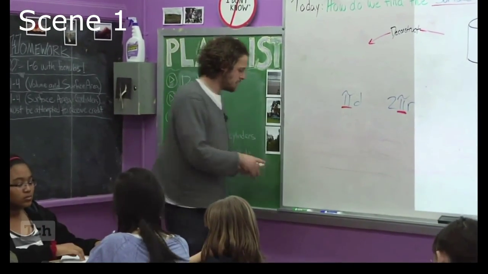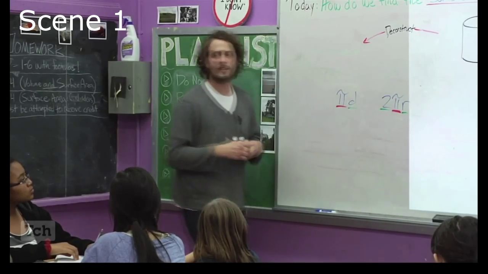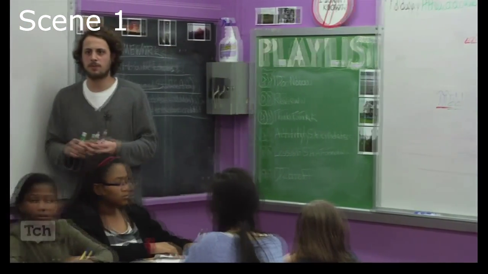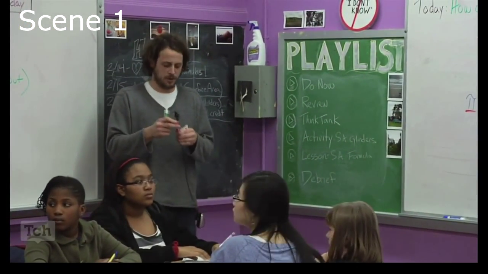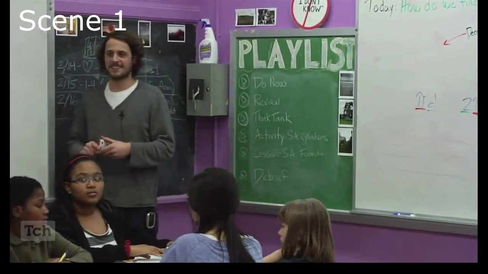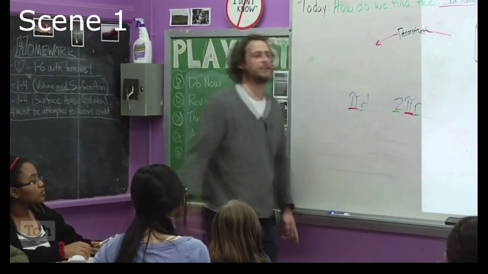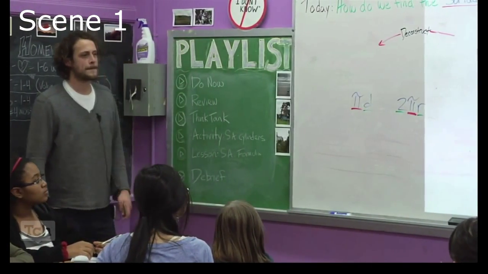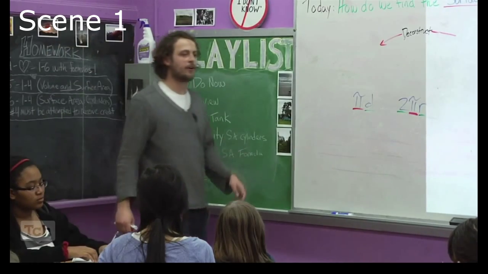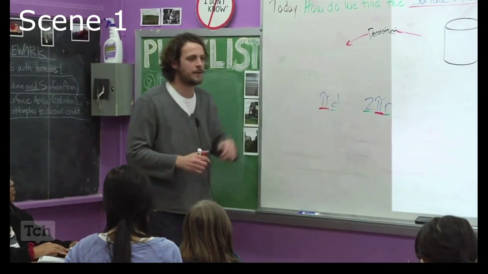Tell me how this green D and the 2 in 2R are related. Jamel, how is the D related to the 2 and the R? What does the R stand for? Okay, how can you relate a radius to a diameter?